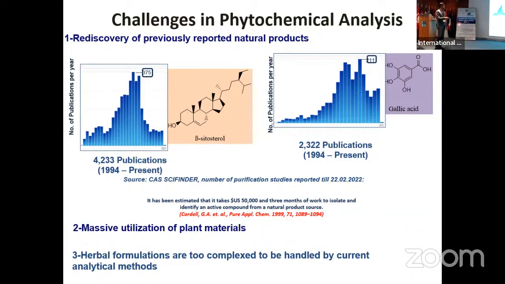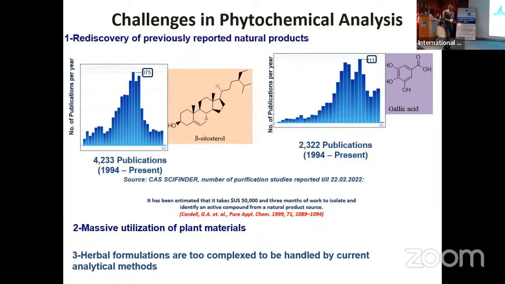So this is one of the important issues as far as natural product chemistry is concerned, particularly from the plant side. And someone has reported that it actually costs around 50,000 to identify one lead molecule from a plant source. So you cannot spare the time, especially to re-isolate and characterize again and again.